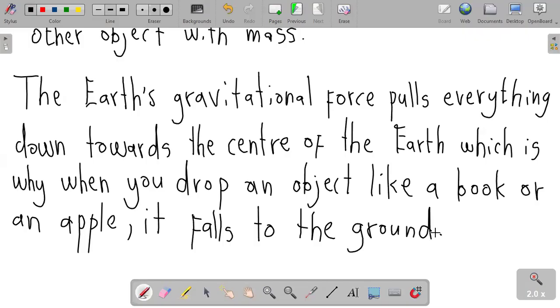So it pulls everything towards the center. That's why objects fall to the ground. It's because of the gravitational force.